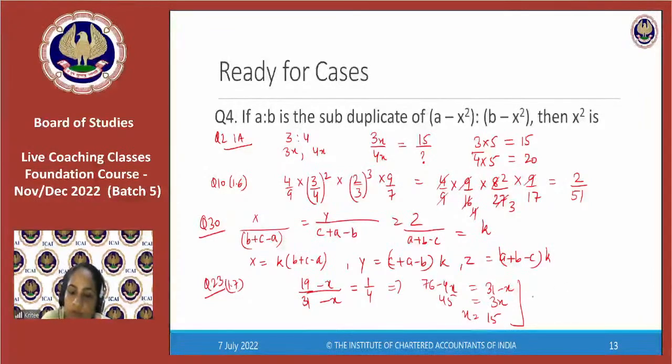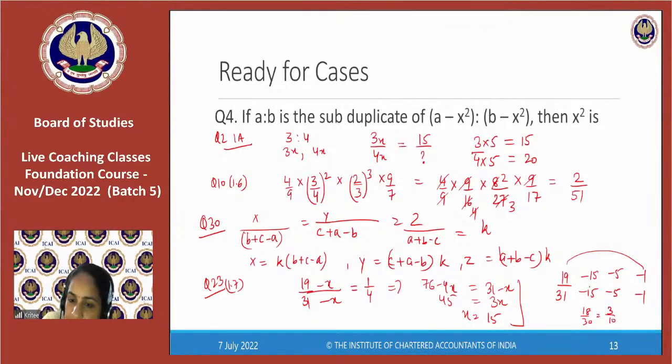If you don't want to solve by using x, if you want a shortcut, you have the ratio 19:31 and you have three options with you. Hit and try all three options quickly, if your mental maths is very good. Deducting 1 gives 18/30, which is 3:5, not equal to 1:4.